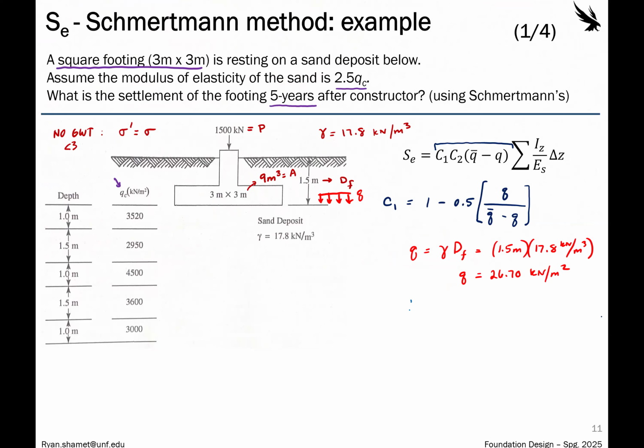Okay, our Q bar, this is the stress due to our footing. So this is the force of our footing divided by the cross-sectional area of our footing, which is 1500 kilonewtons divided by the area, which is 9 square meters, which is equal to 167 kilonewtons per meter squared, or 167 kilopascals.